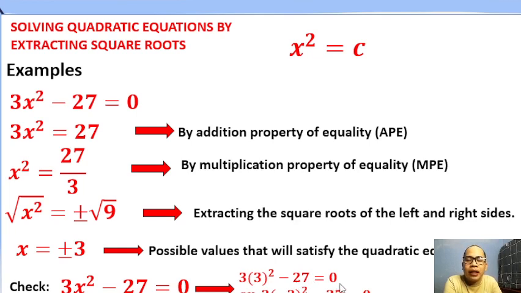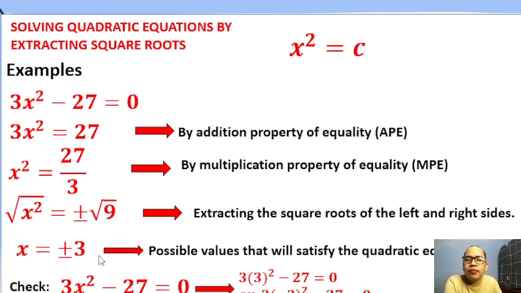And that is correct. And for the other one, x is negative 3. Negative 3 squared is positive 9, times 3 is equal to 27, minus 27 is equal to 0. So, therefore, our values of x obtained are correct.